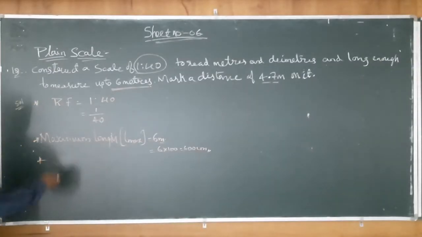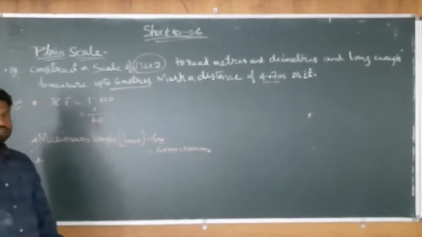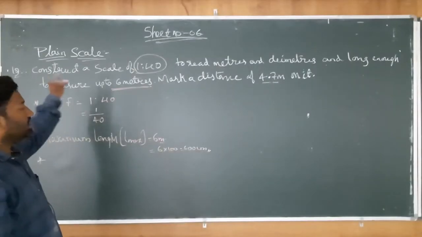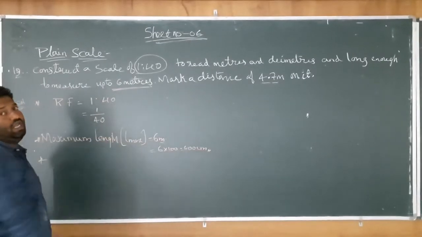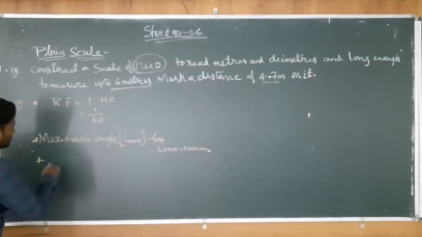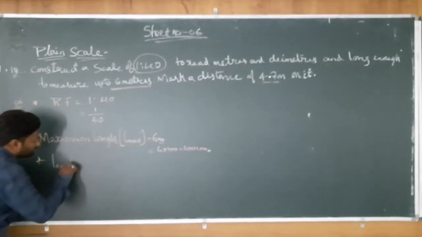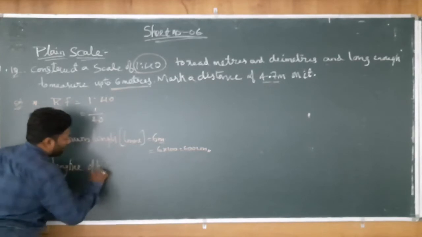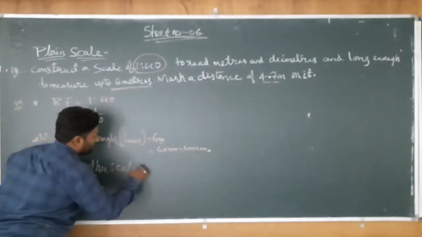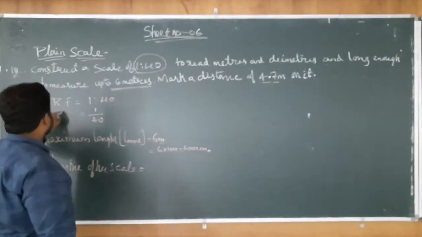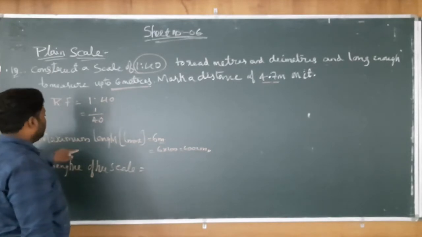Now, the third one is we have to find out the length of the scale. Means to construct a plane scale, what should be the length of that scale? To find out the length of the scale, it is a product of RF into L max.